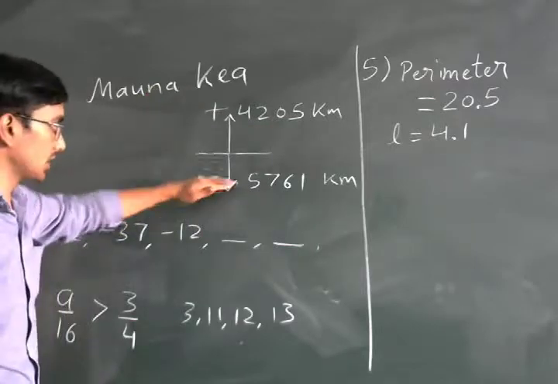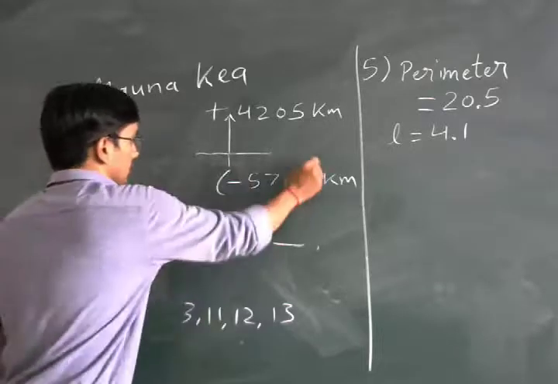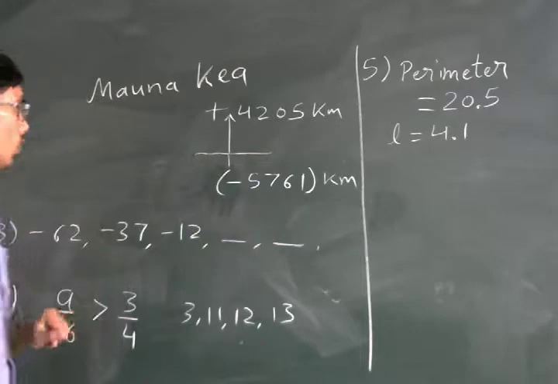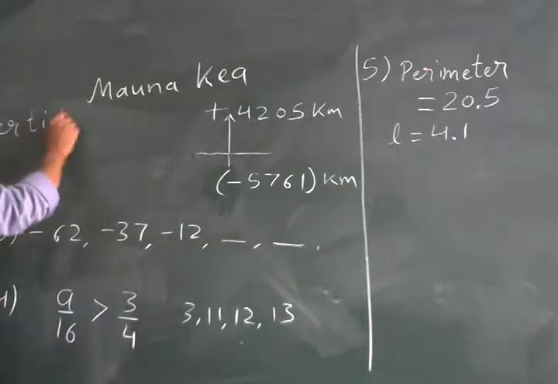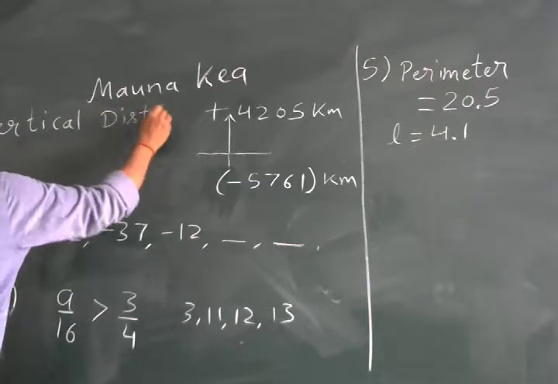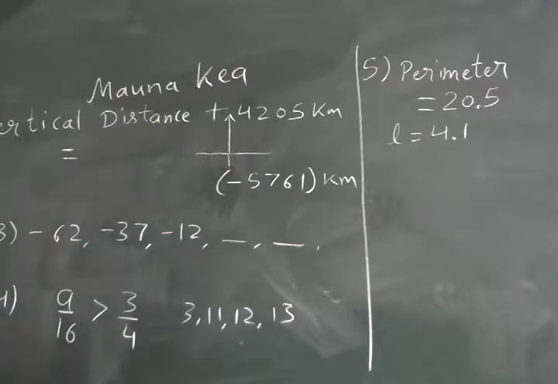How much below sea level? Since it is below, here we should use minus. Minus of 5,761, and we have asked the vertical distance.